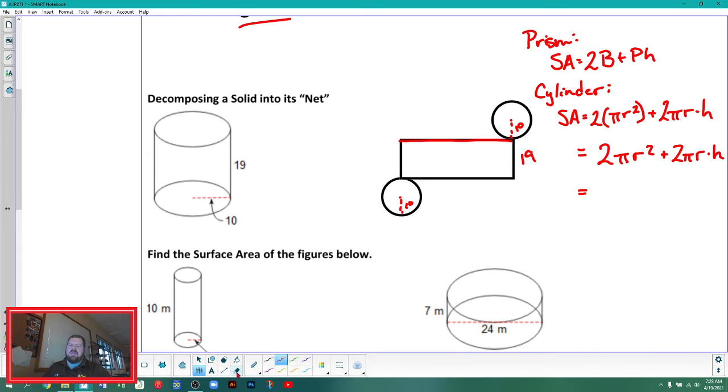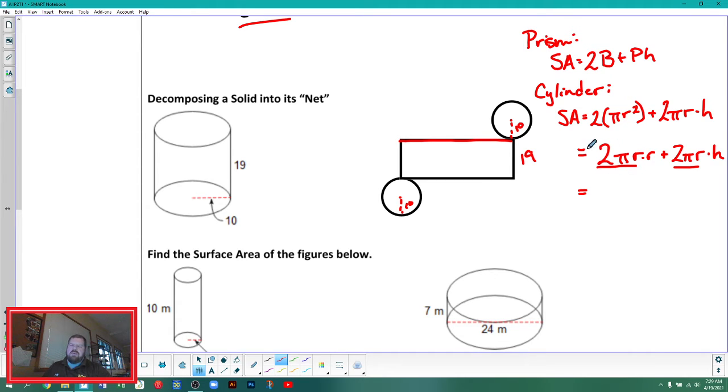If I think of r squared as just r times r, then I see that both terms have a 2 pi r in them. This is kind of like combining like terms, but with variables and pi, which we look at as a variable, but it's just a number.